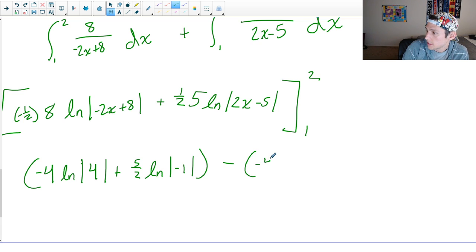Right, so again, negative 1/2 times 8 is negative 4. Negative 2 plus 8, this would be natural log of 6, plus 5/2. Natural log, 2 times 2 is... or sorry, 2 times 1 is 2. 2 minus 5, so absolute value of negative 3.